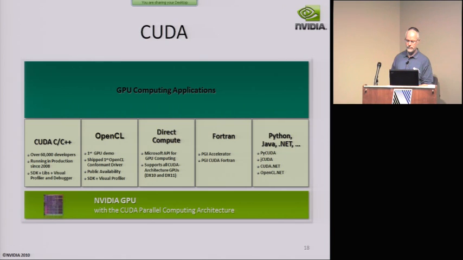We're fully active with Direct Compute, which is Microsoft's compute API. We've worked with partners to implement parallel Fortran on CUDA, and numerous external people are building other interfaces to run programs on the GPU. You can find a lot of these on CUDA Zone at NVIDIA.